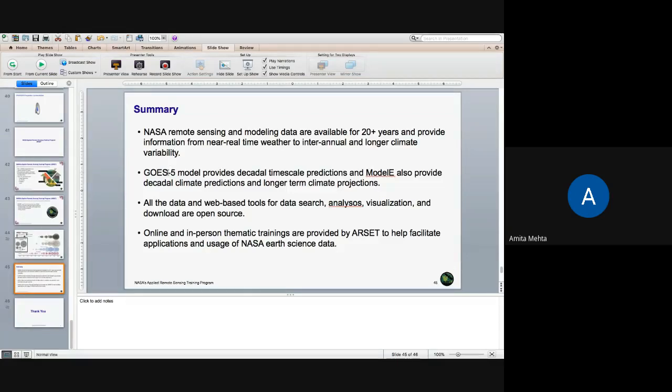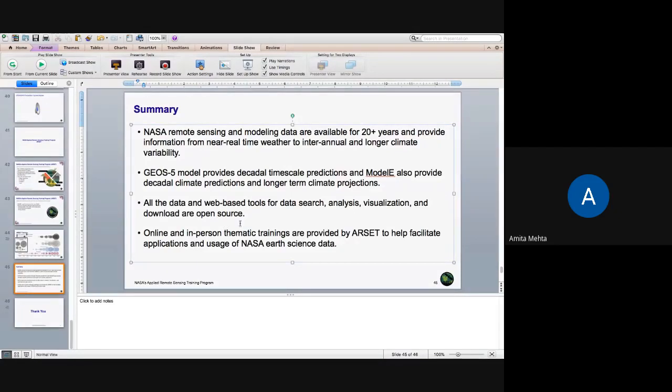So this should be GEOS-5. GEOS-5 model provides decadal timescale predictions as well. And Model E provides climate projections if you are interested.